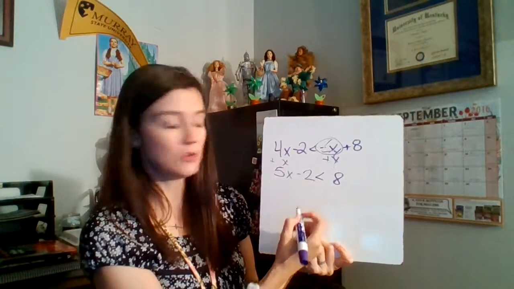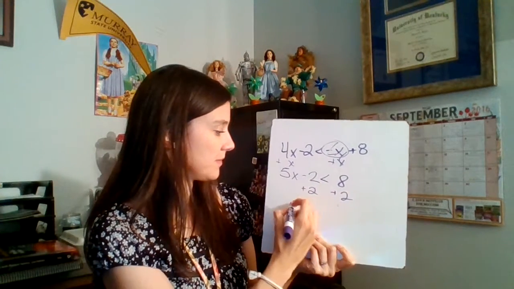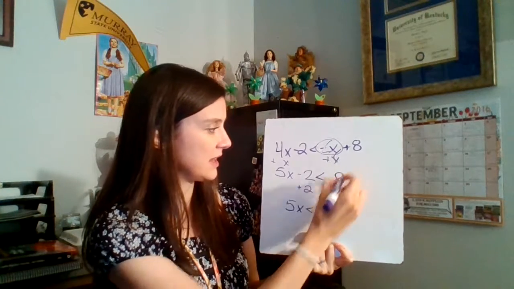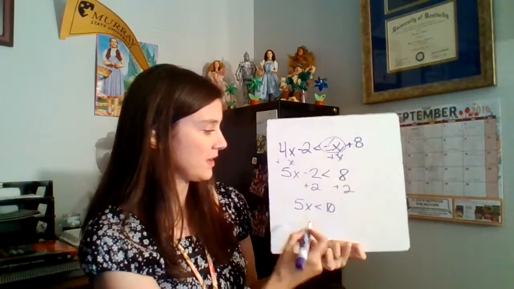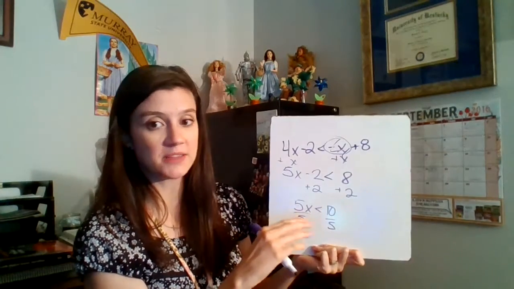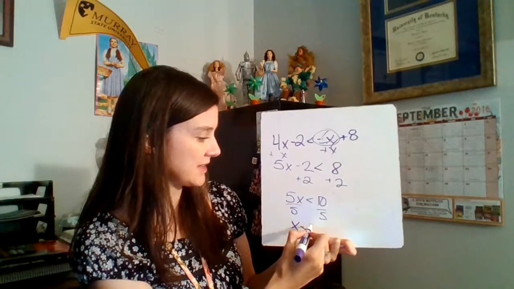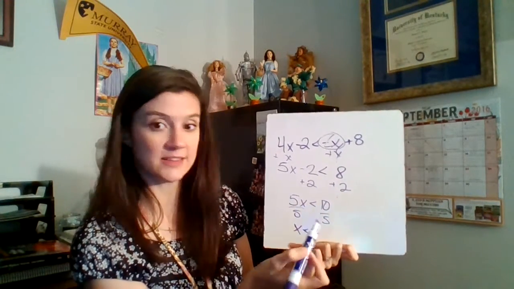Now I can add the 2 on each side. 5x is less than 10. Divide by 5 on each side. I'm dividing by a positive, so I don't need to flip the sign. I get x is less than 2. Let's check and see if we're correct.